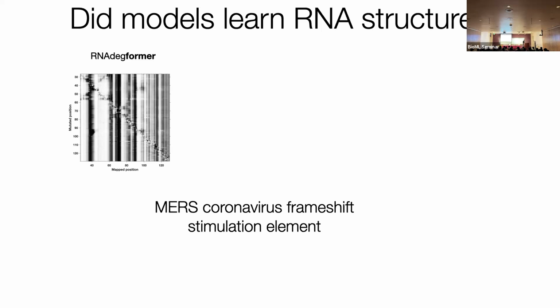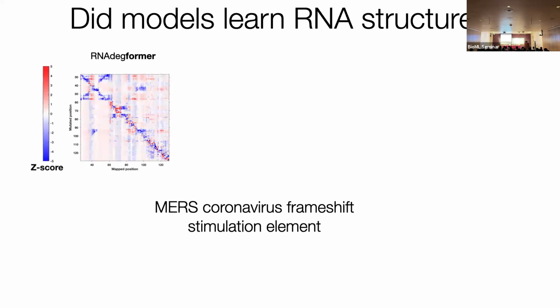It's a little easier to see if I subtract out the predicted reactivity for the wild type molecule and just show you what shows up in the mutants. You can see these blue splotches. There are 6 of those, and those correspond to each side of 3 potential stems that this RNA might form. So that's what this model is thinking: that this RNA has 3 stems.